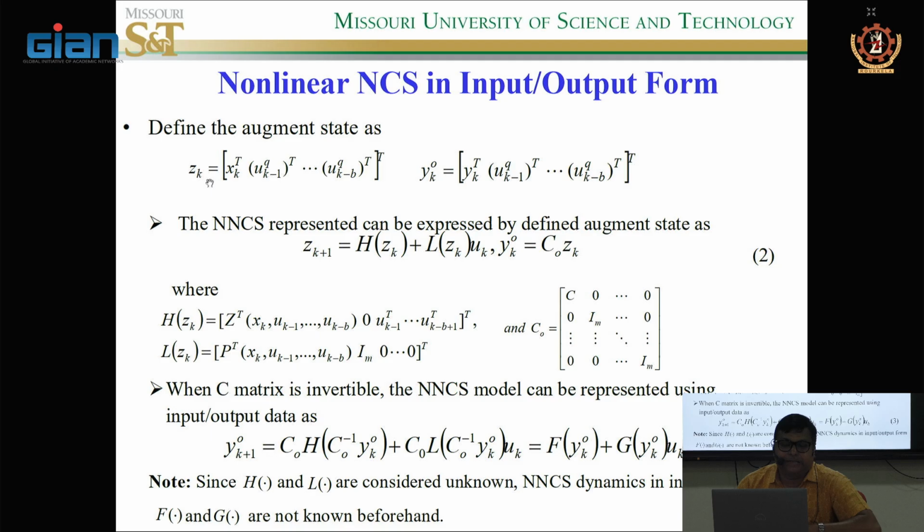You can do it in two ways, as Sir said. You see the z_k, which is defined using the state and the previous inputs u_{k-1} to u_{k-d}. Also you can do it using the output of the system, y_k, together with all the previous inputs, and then you have to find the augmented system representation, which is represented by equation number 2.